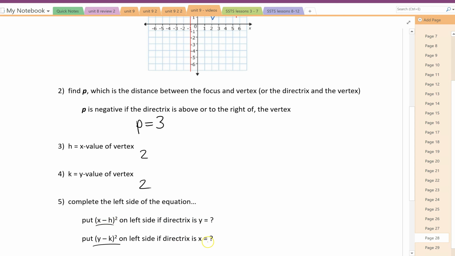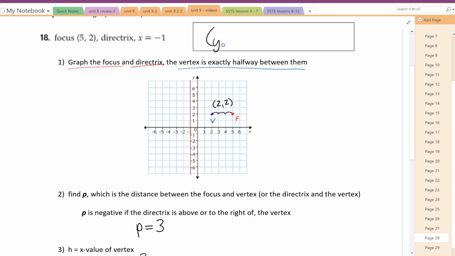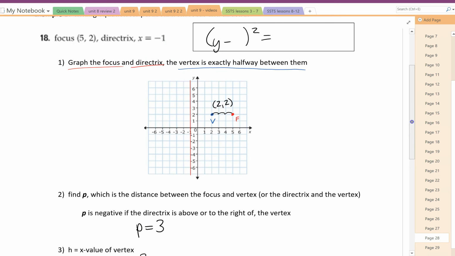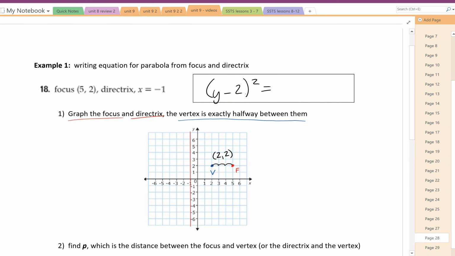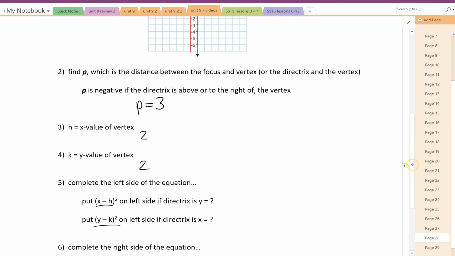If the directrix is x equals something, you use y minus k squared on the left side. So since my directrix was x equals something, over here I'm going to put y minus k squared, and remember k was 2. So there's the left side of my equation. On the right side, then that means I'm going to put x minus h. And remember, h was also 2.